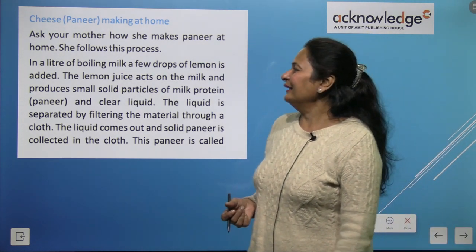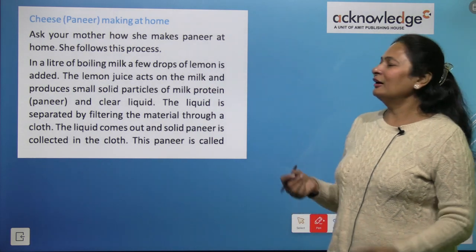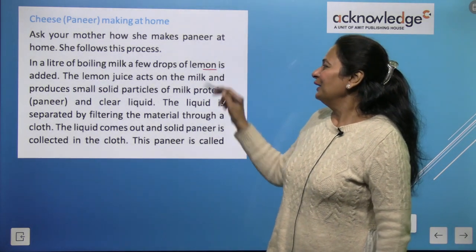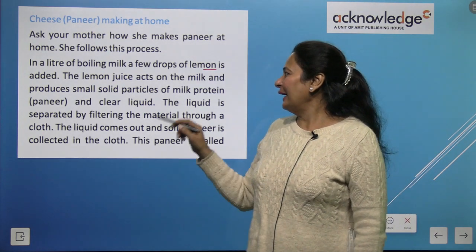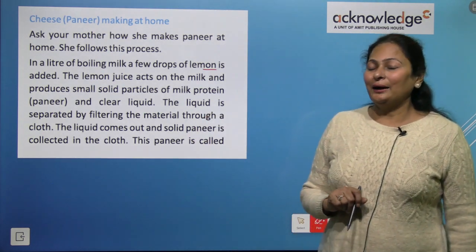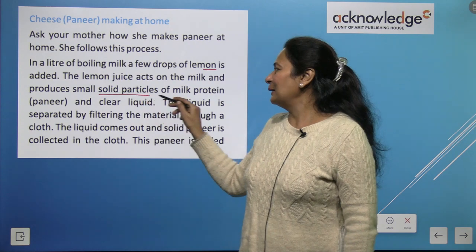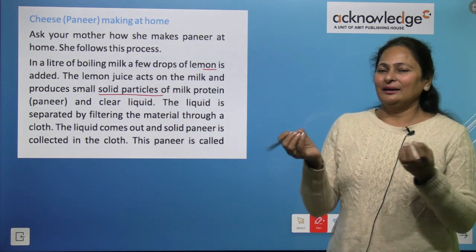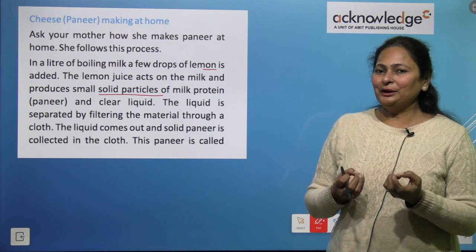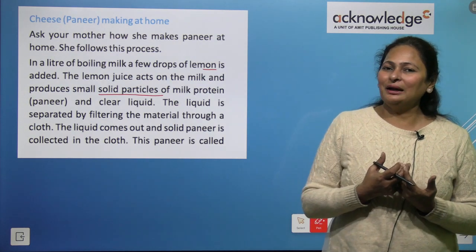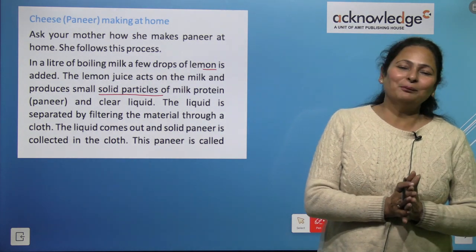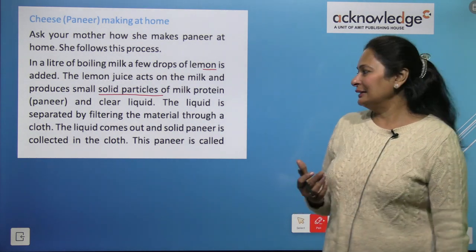In a liter of boiling milk, a few drops of lemon juice are added. Now the lemon juice acts on the milk and produces what? Some solid particles. So when you add lemon into it, it reacts with milk and you would be able to identify some solid particles clearly.